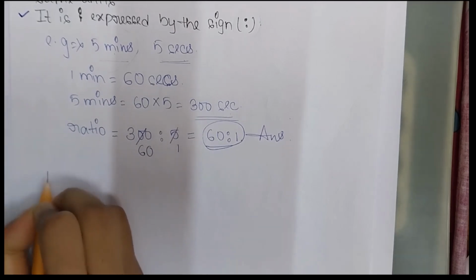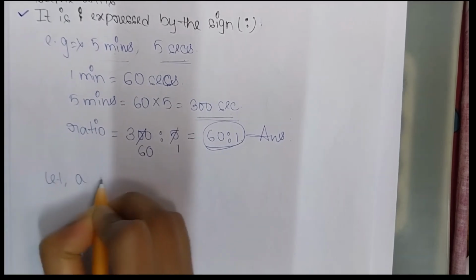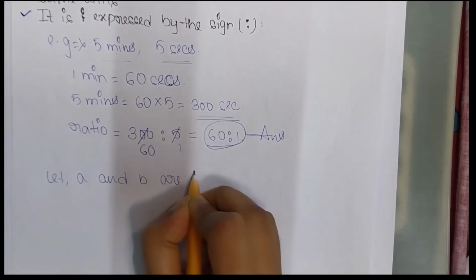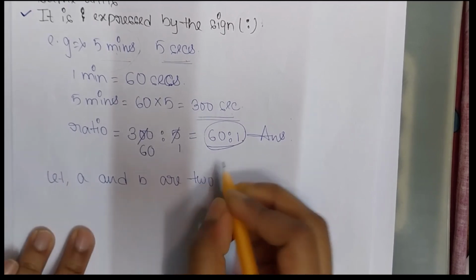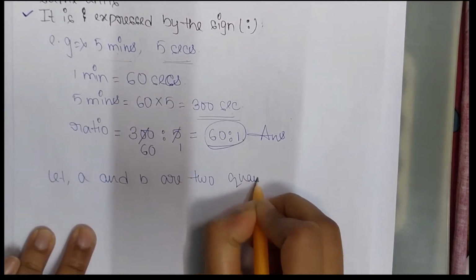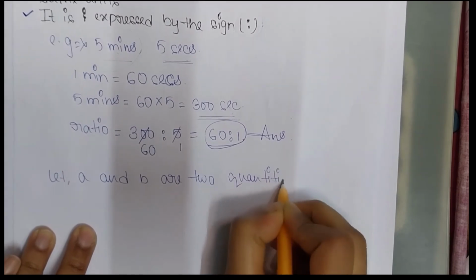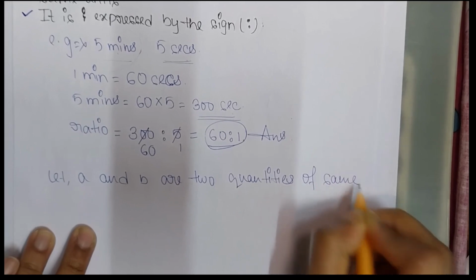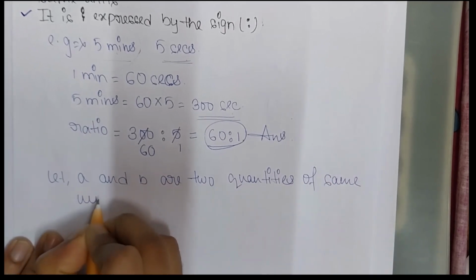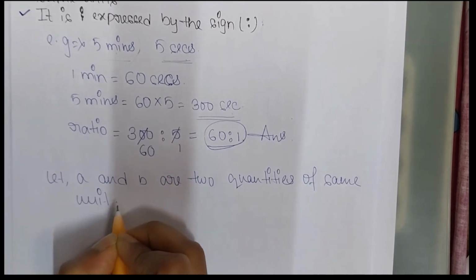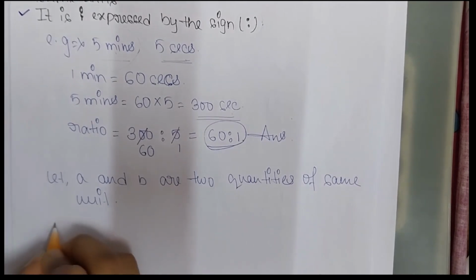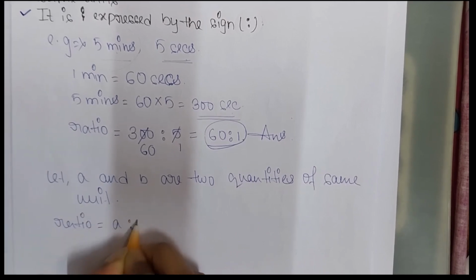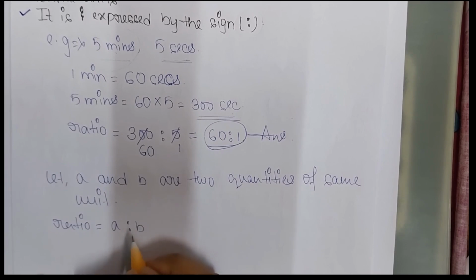Now let A and B be two quantities of the same unit. So the ratio will be A:B.